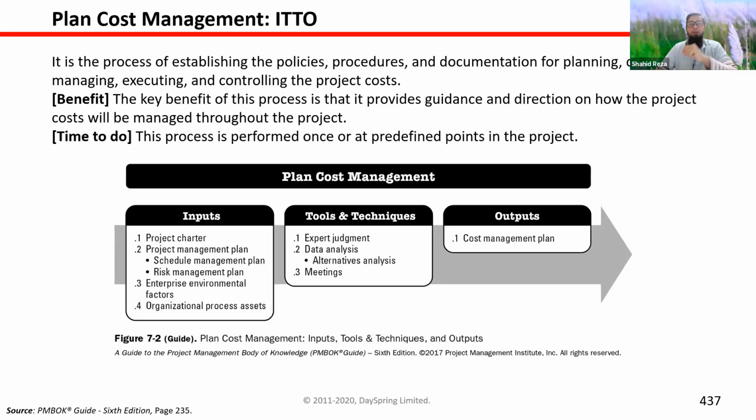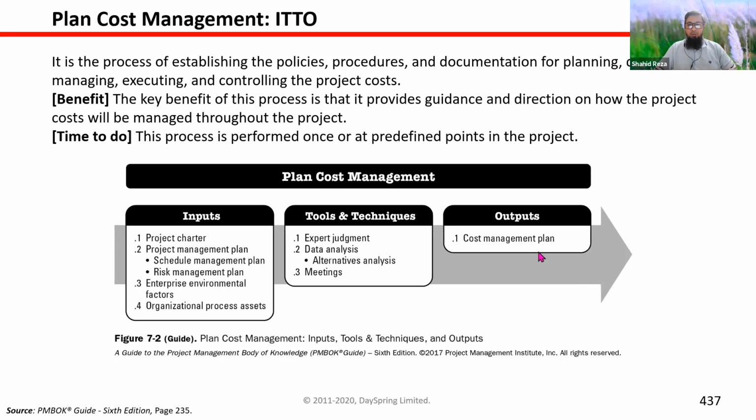So all the government purchase is done following the PPR. Similarly, if you are working in a private organization, any purchase you do also needs to follow the guideline of the organization. You cannot break or skip that guideline. If you skip that guideline, you will be in trouble, right?